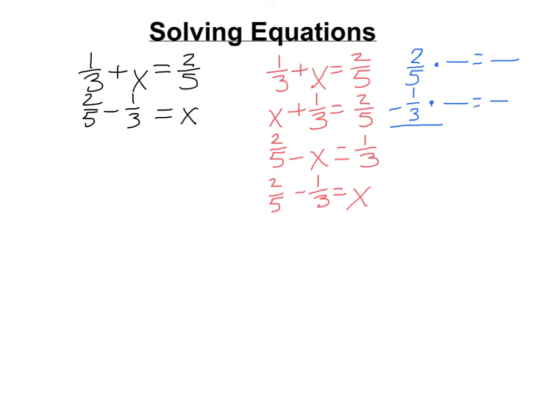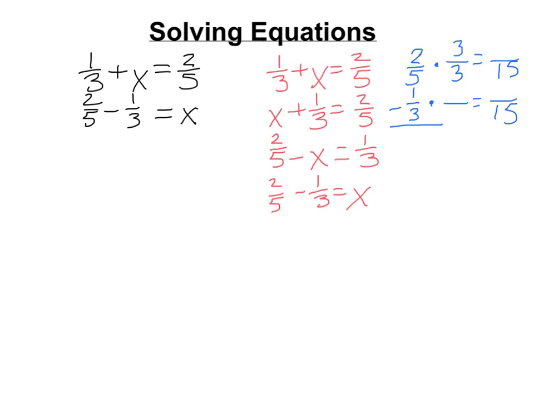So using multiplication, I want to change a 5 into something and a 3 into something so that these two somethings are the same. Well, I can turn them both into 15. So to turn a 5 into a 15, that would require me to multiply by 3. So this form of 1 will be 3/3.